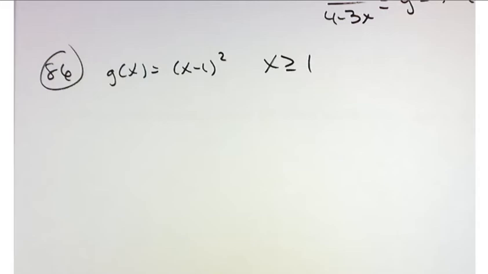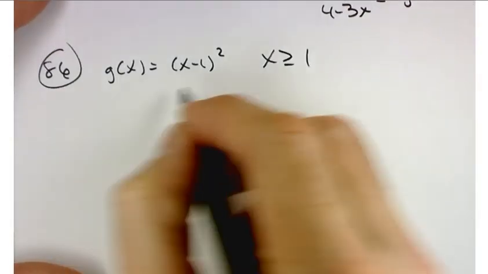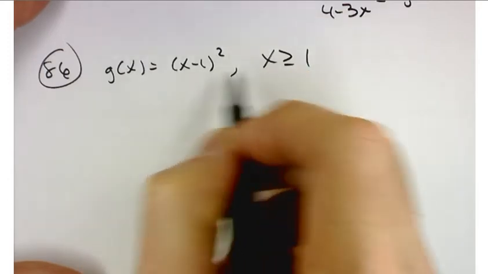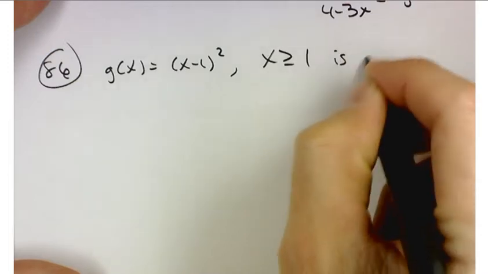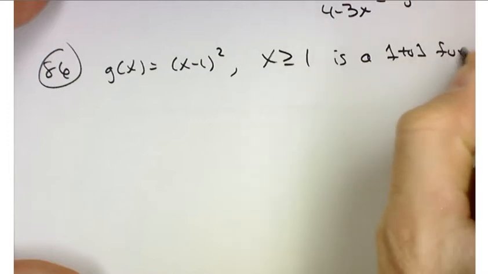Now, if it passes the horizontal line test, then it's called a one-to-one function. So g of x equals (x minus 1) squared for x greater than or equal to 1 is a one-to-one function.